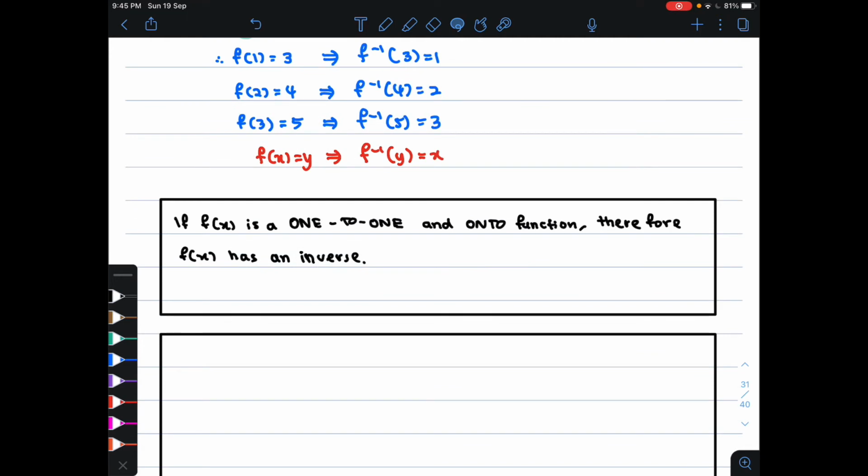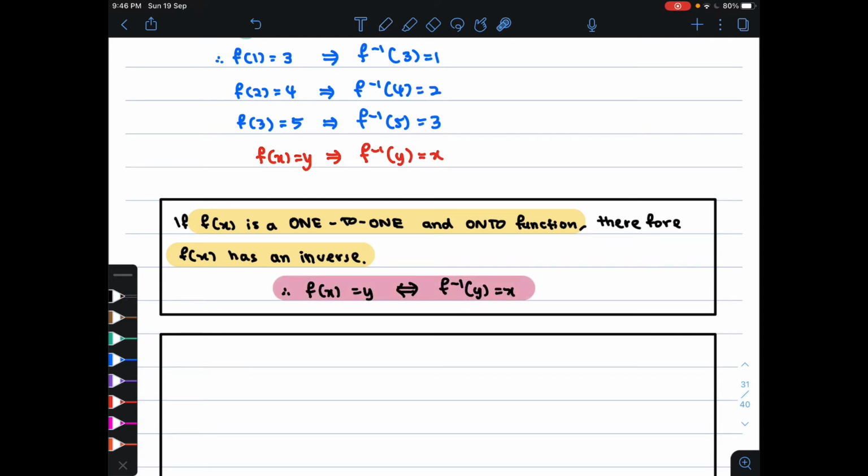So how do you determine whether a function has an inverse or not? If a function f(x) is a one-to-one and onto function, therefore this means that the function f(x) has an inverse. Originally, you have f(x) equal to y, and from it you can get f inverse(y) equal to x.